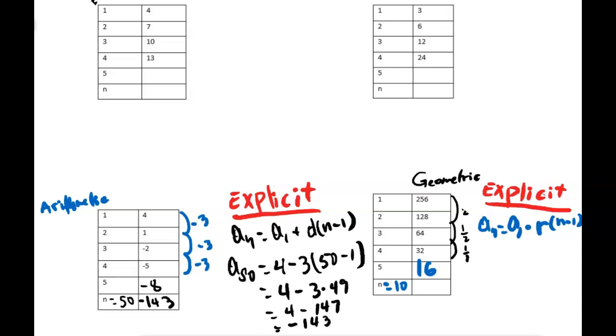So a sub 10, the 10th term, equals the first term, which is 256, times the common ratio, which is 1/2, raised to the power of 10 minus 1. 10 minus 1 is 9.